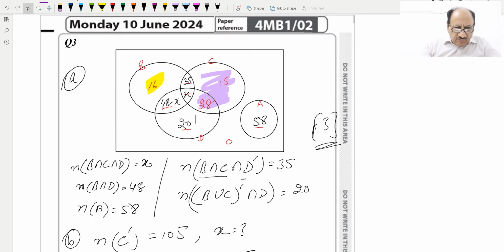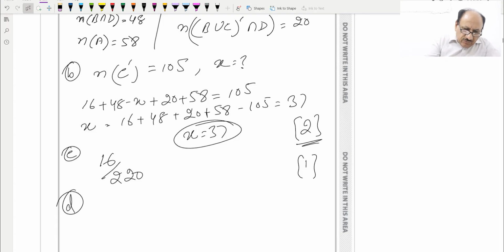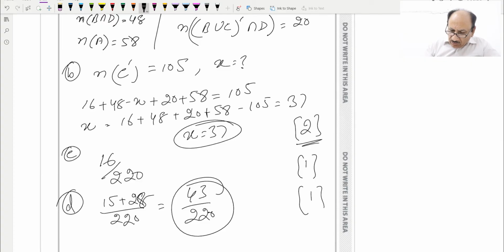So we'll be including 15 and 28. So 15 plus 28 divided by 220, and this will be equal to 43 over 220. This will be our final answer, and this is also a 1 mark part. Hopefully you understood this.